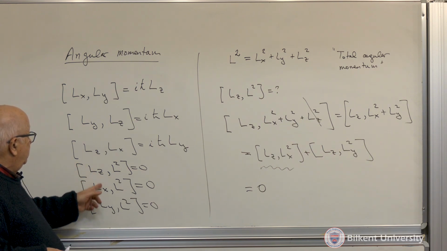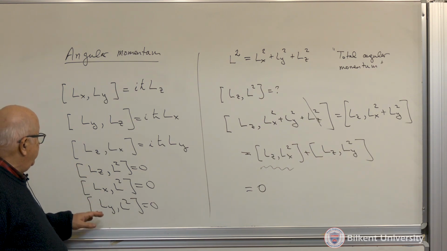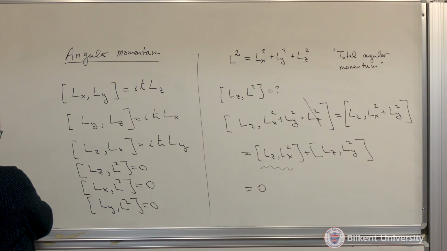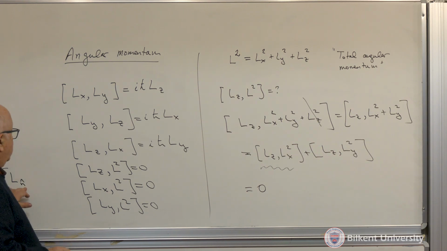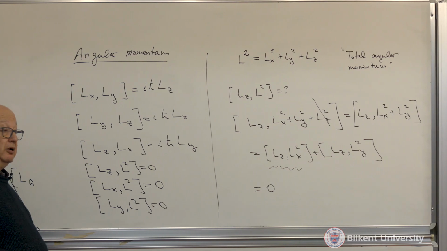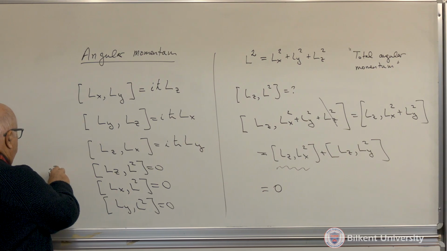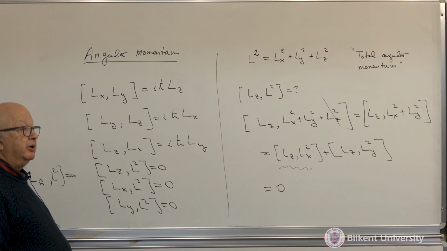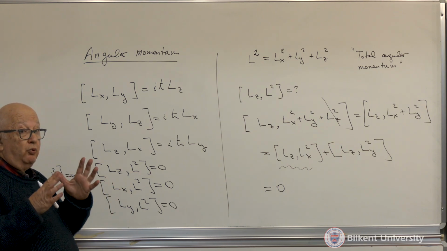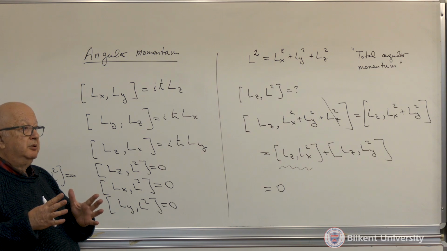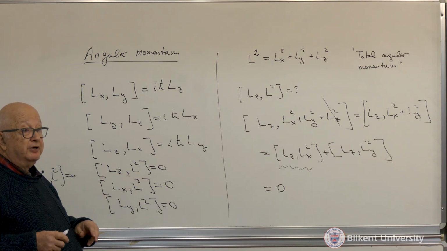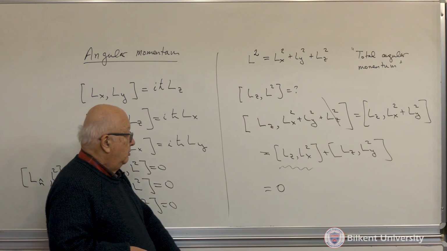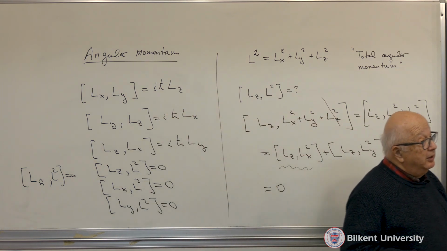If you construct any component of angular momentum, it doesn't have to be x, y, z, the angular momentum in some direction defined by the unit vector n is going to commute with L squared. So choose any direction in space, and you can find a set of eigenfunctions which are also eigenfunctions of L squared.